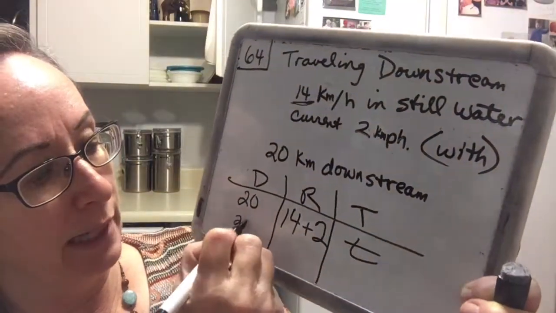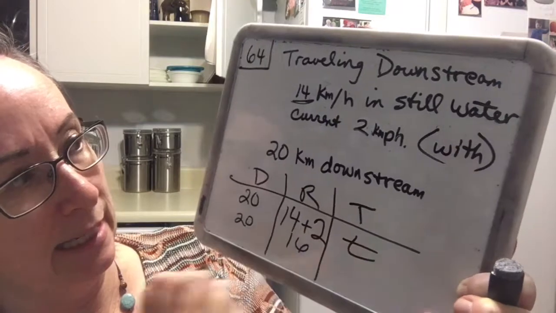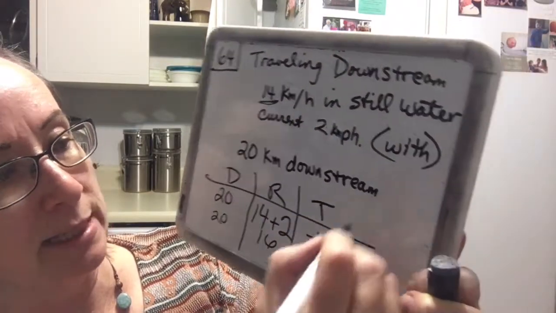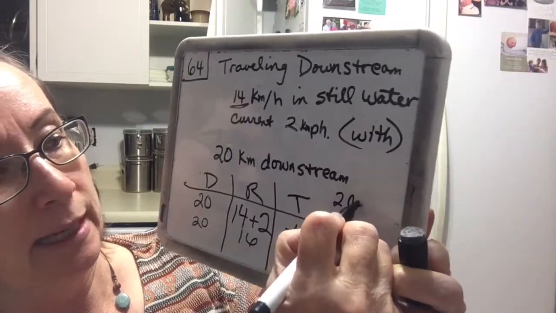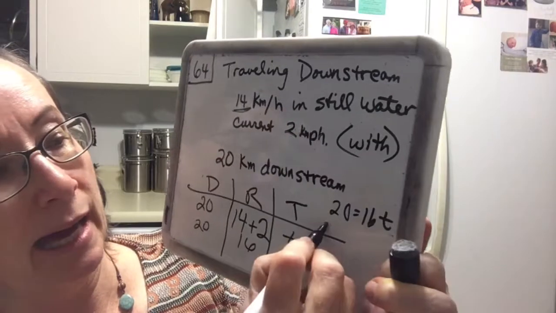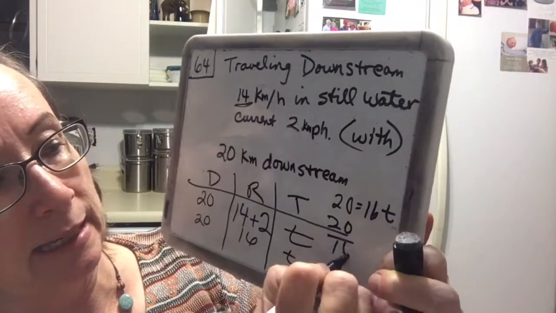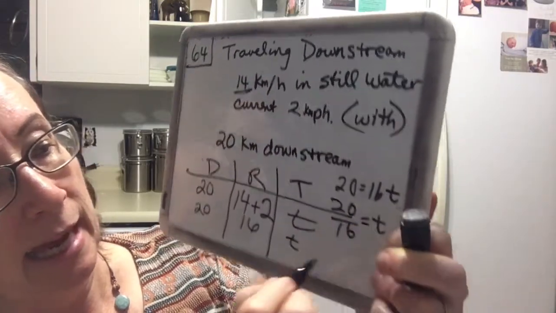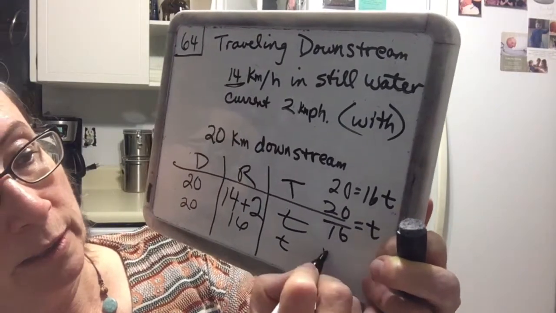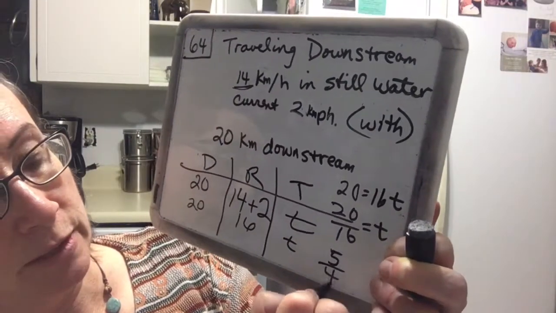So we end up with 20 and 16, and distance is rate times time. 20 is 16 times t, so we're going to divide 20 by 16 to get t, and when we simplify by 4, we're going to get 5/4.